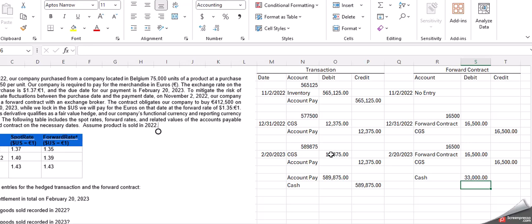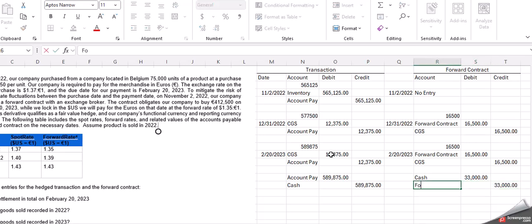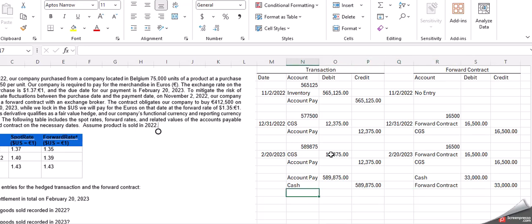Okay, and then we're going to credit it out of that forward contract so that is off of our books. Again, because the contract's over, the exchange broker paid us cash, we paid our vendors, all is good. So then really you could just actually T-account these to get to the next answers that it asks for.